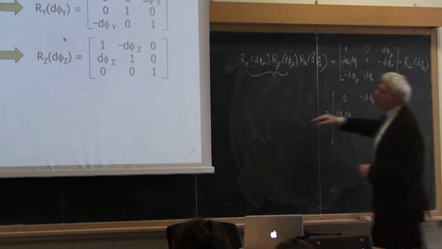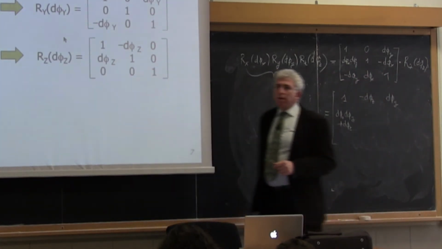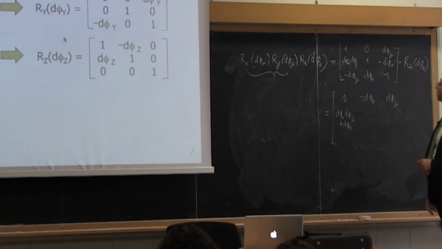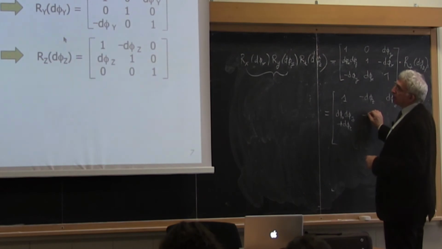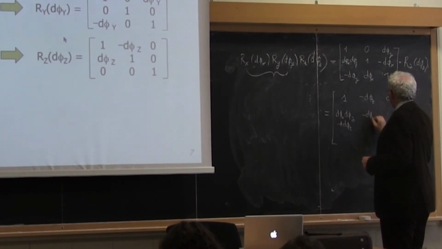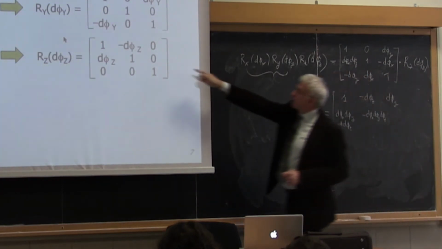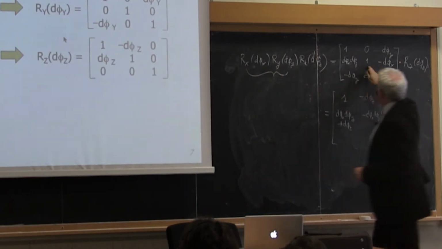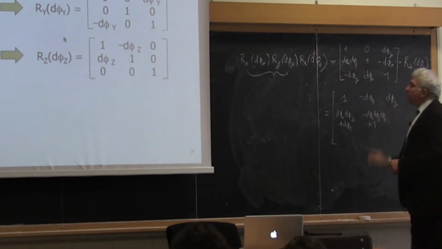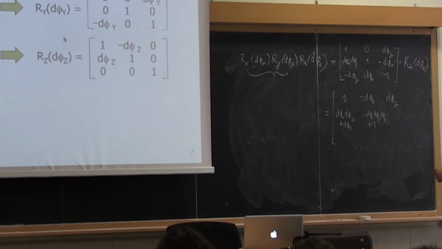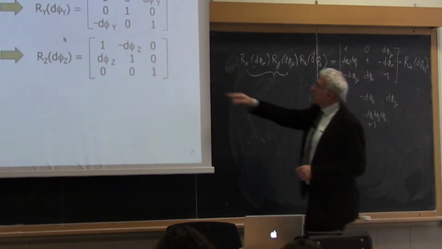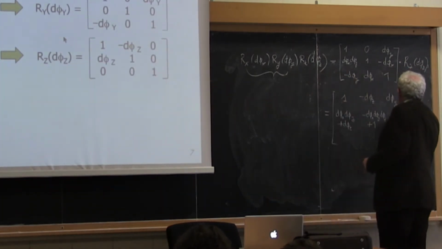Then second row times second column gives a minus d phi x d phi y d phi z, so this times this, and then there's a 1, and then that's it. And finally, second row, last column, just takes a minus d phi x.